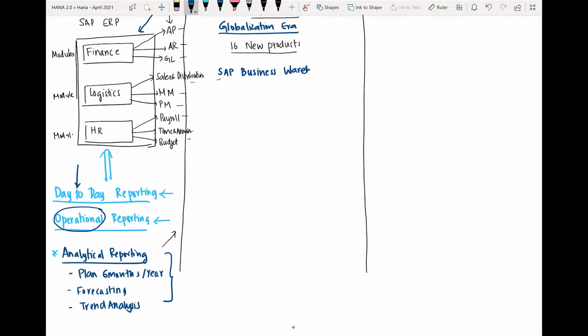Business Warehouse is nothing but a data warehousing system, if I were to simplify it. It will take all the data, not only today's data, but let's say 5 years worth of data from your SAP system, and you put it inside your business warehouse. So think of it as a large scale database. It takes all the data from your SAP ERP system and holds historical information.